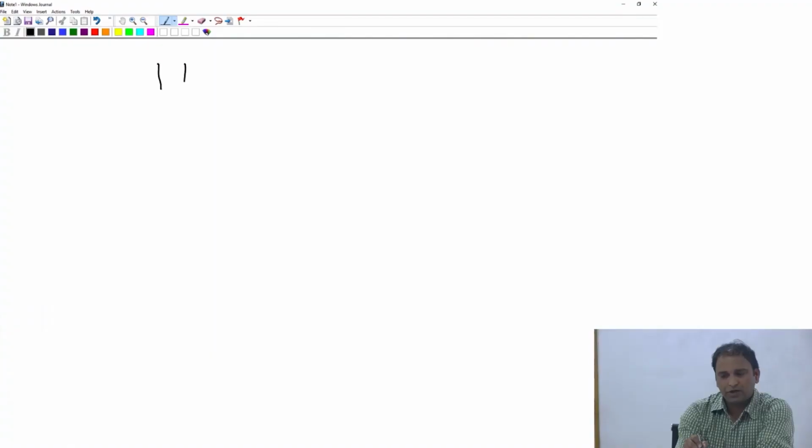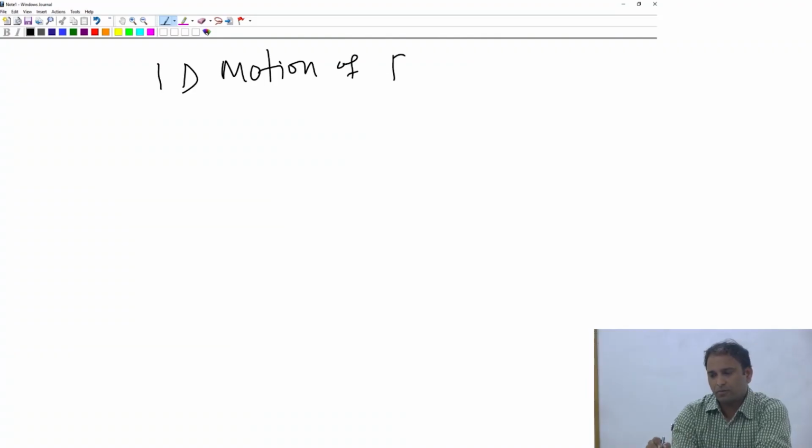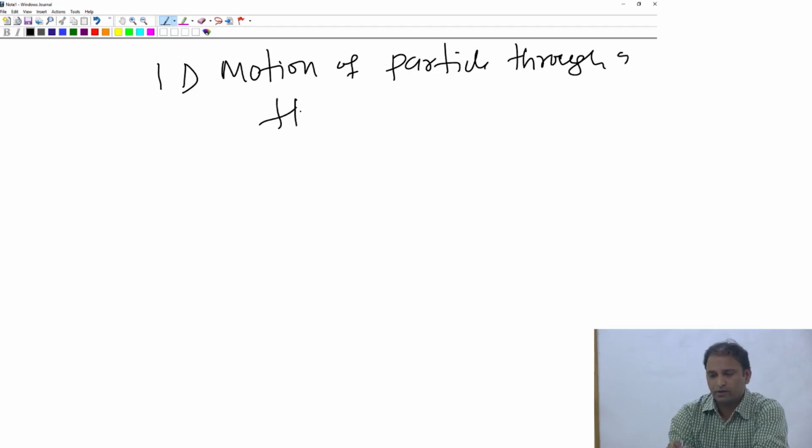Okay, so in the last class we were talking about one-dimensional motion of a particle through a fluid. We came up with a governing equation that describes a particle moving in a fluid, but in one dimension.